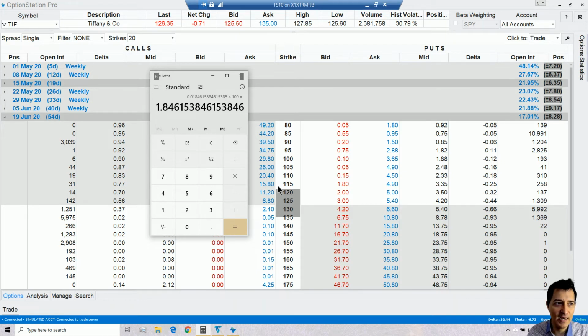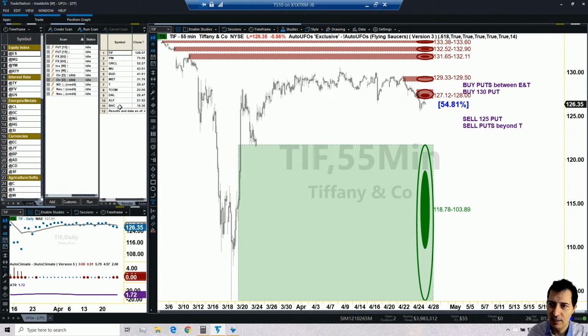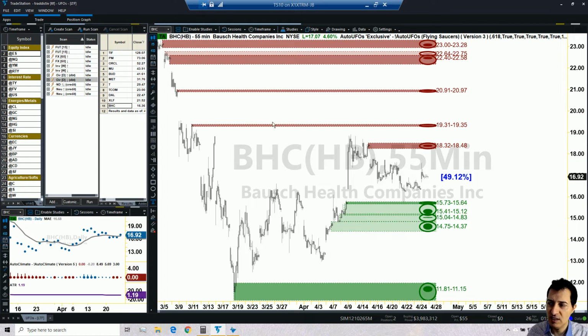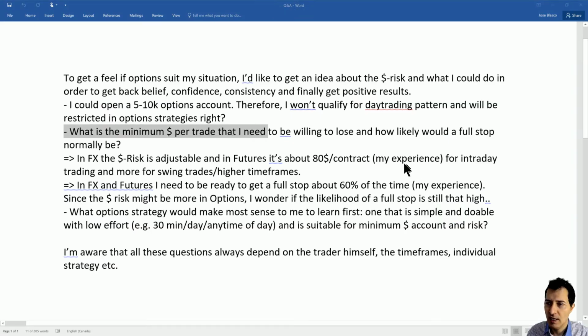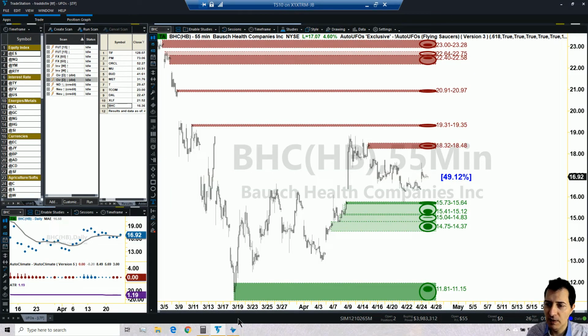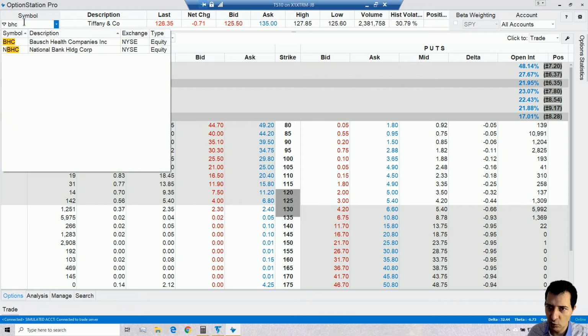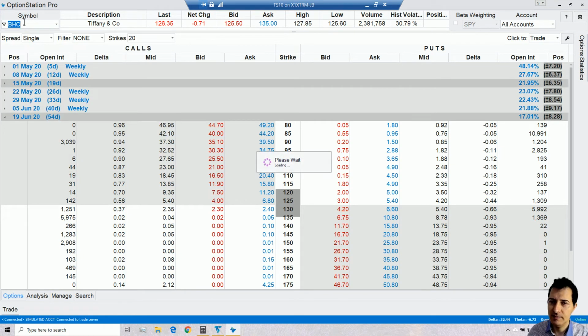Now, if I move into another stock, for an extreme case, BHC, for example. BHC is currently trading at 16.92 on the chart. Let's look at the same expiration, June 19.